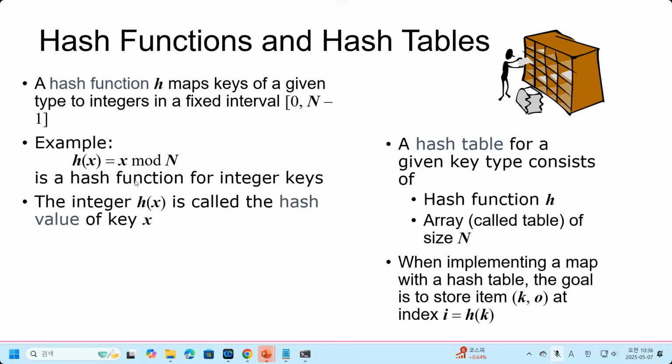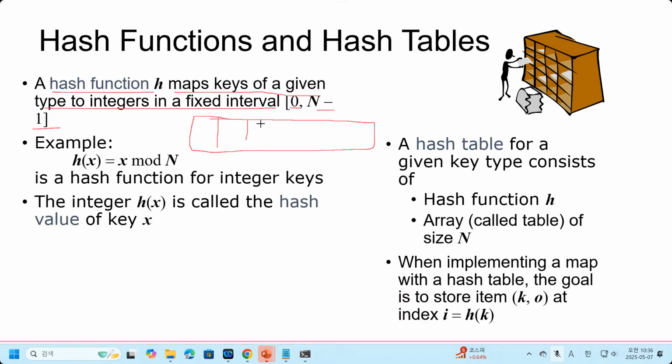So the hash function is related with the hash table. A hash function maps the keys of a given type of integers in a fixed interval. So we have a fixed interval from 0 until n minus 1. So it means we have a limit of the table.